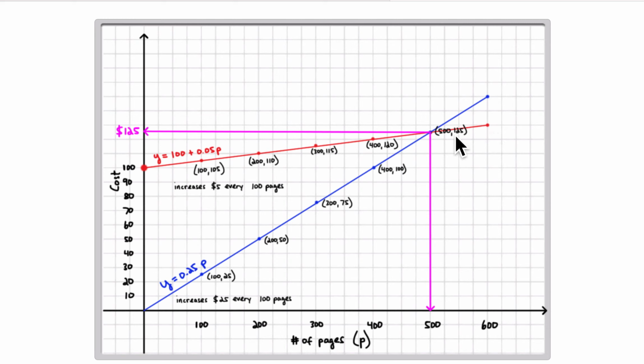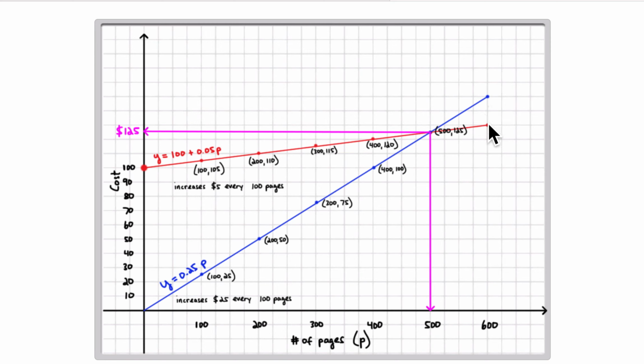Because once you go out to, for example, 600 pages, this is going to cost you 10, 20, 30. This is going to cost you $130, whereas to print 600 pages at the store looks like it's going to cost you 130, 40, 50, $150.